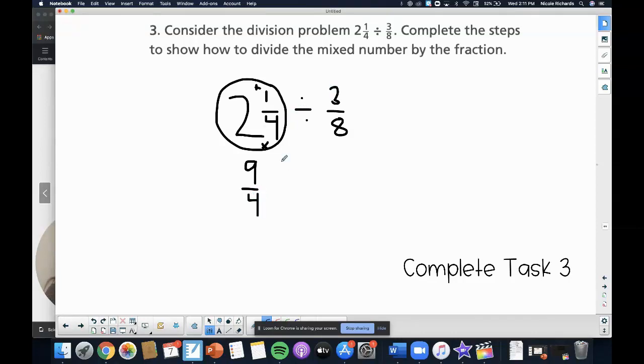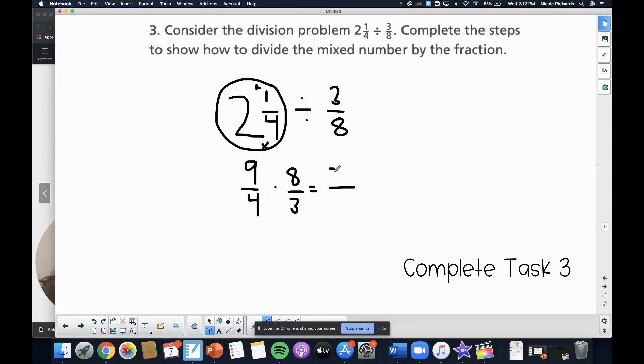I'm flipping my sign, dot, using the reciprocal, and I'm flopping the divisor to its reciprocal, 8/3. So we can go ahead and do 9 times 8 and 3 times 4. So see if you can figure those out.